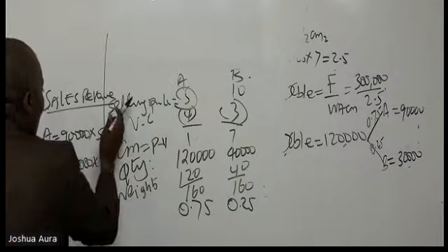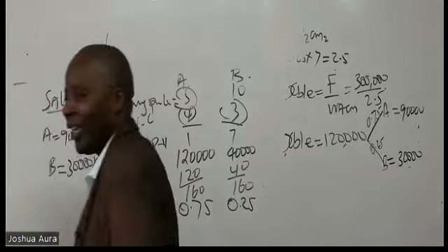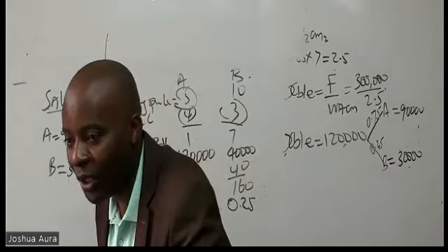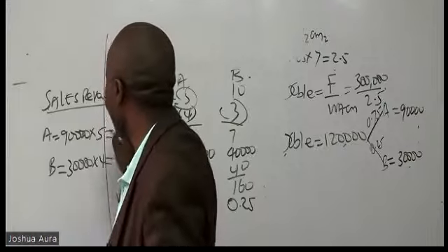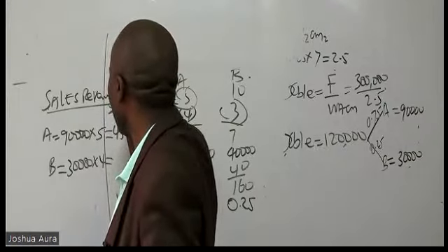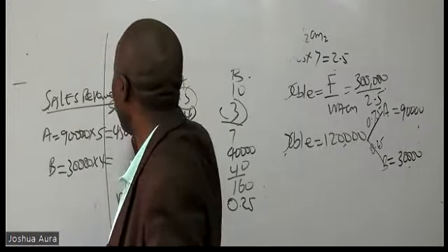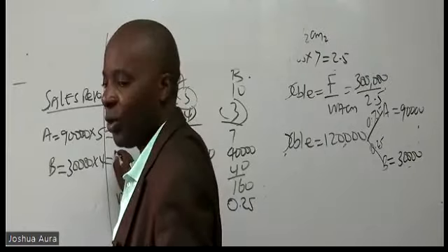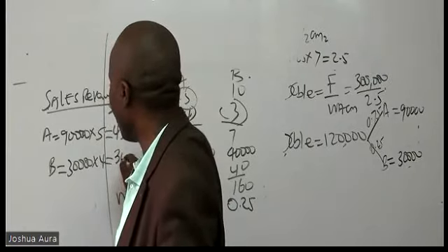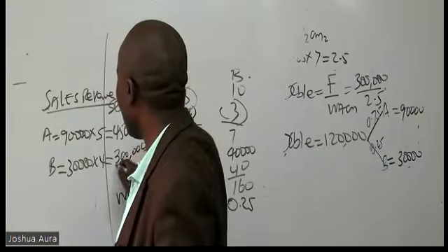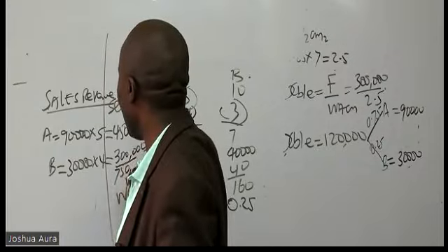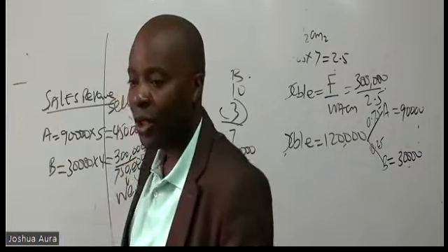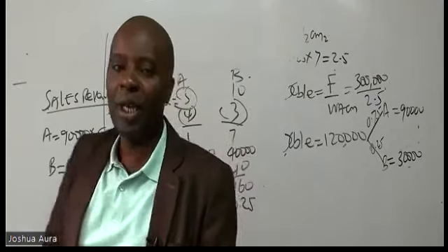So A gives me 450,000, and B gives 120,000. Total gives us 750,000.